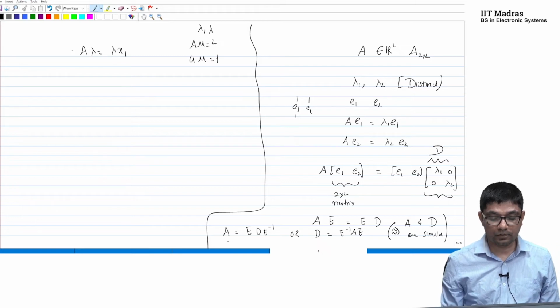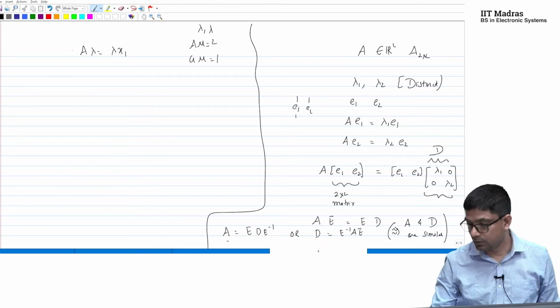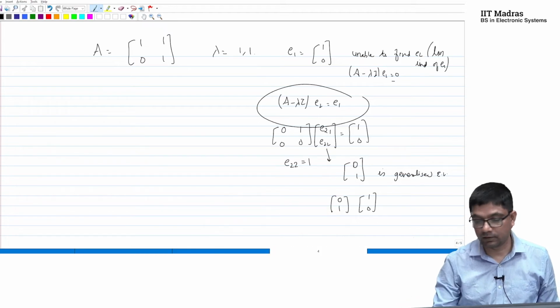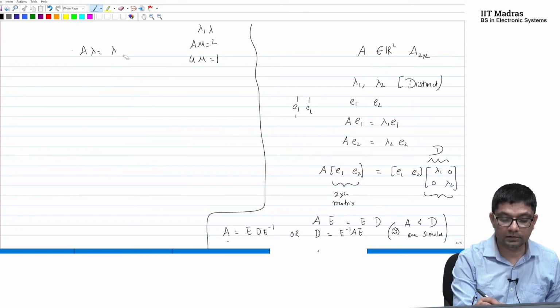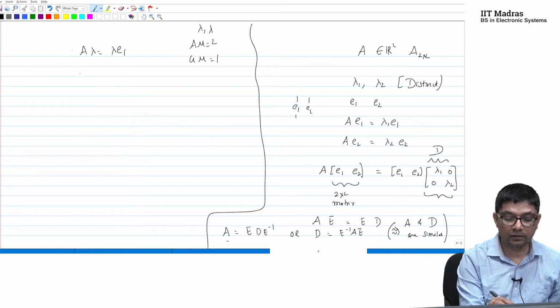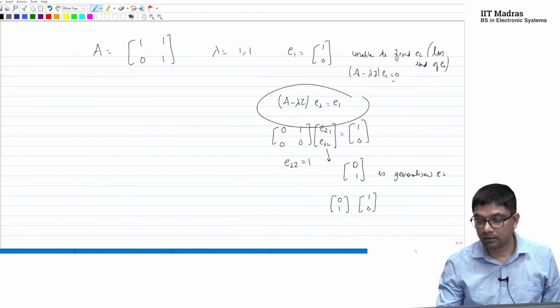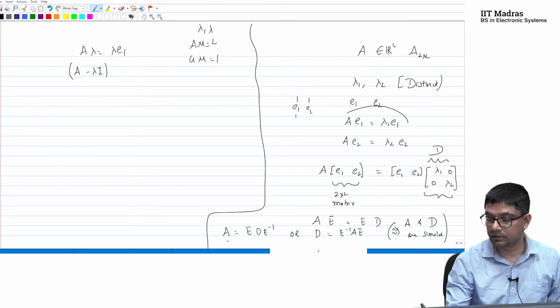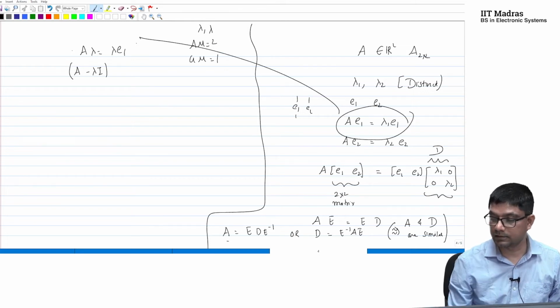And then I look for solutions for this one, A minus lambda I E2 equal to E1. Okay, let me just call this E1. Then I have A minus lambda I. So this is the same as this.